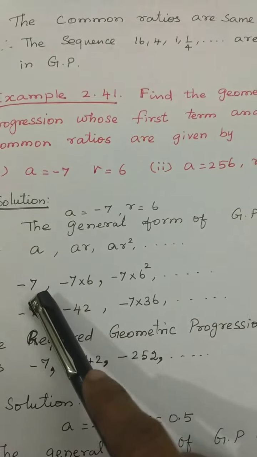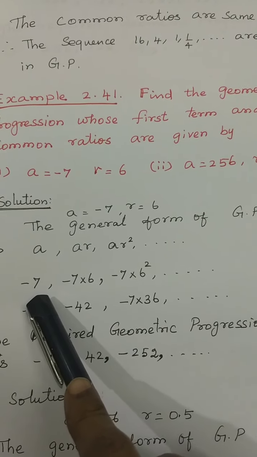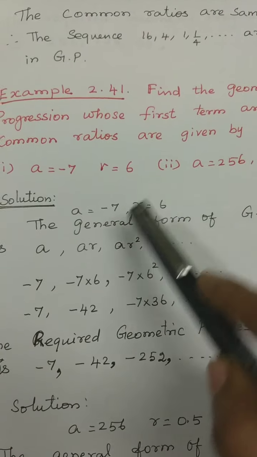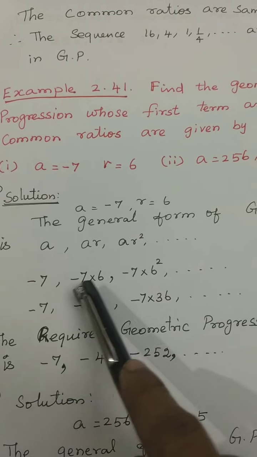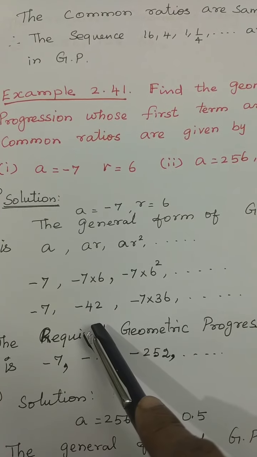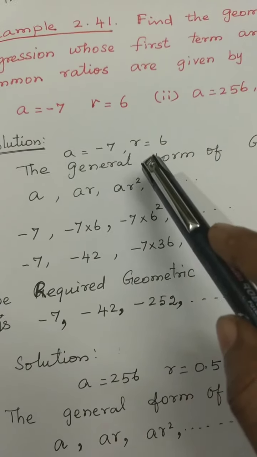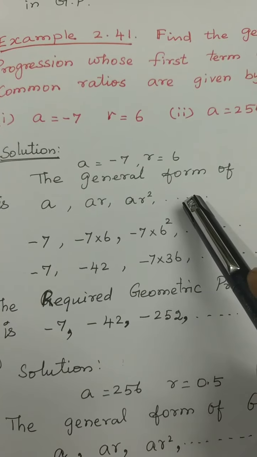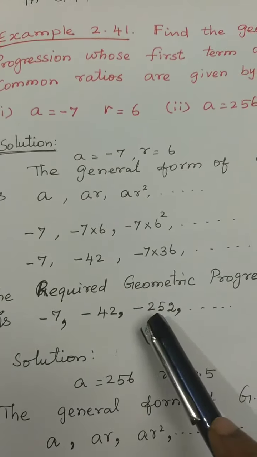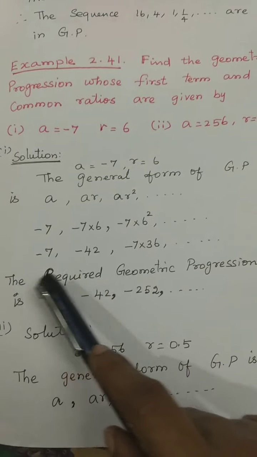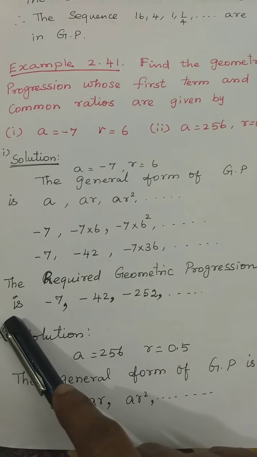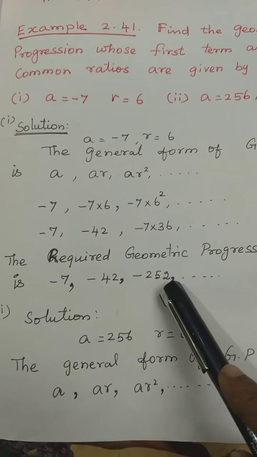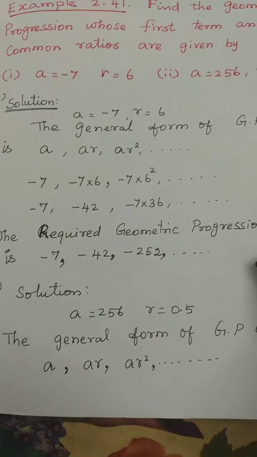So we know A, first term is -7. Second term is A into R, that is -7 into 6 is -42. Then AR square is -7 into 6 square, that is 36, -252. So the required geometric progression is -7, -42, -252, and so on.